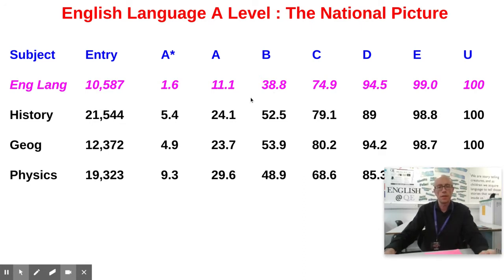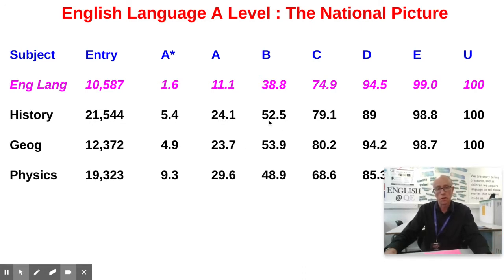Right, now compare that with history. So history has an entry of basically twice as much as English language. Look at these percentage figures. So 5.4% of the history A-level students studying AQA got an A star, so that's kind of like 3 times the amount of English language. 24.1% of history students got an A or an A star, so that's kind of like 2.5 times English language.